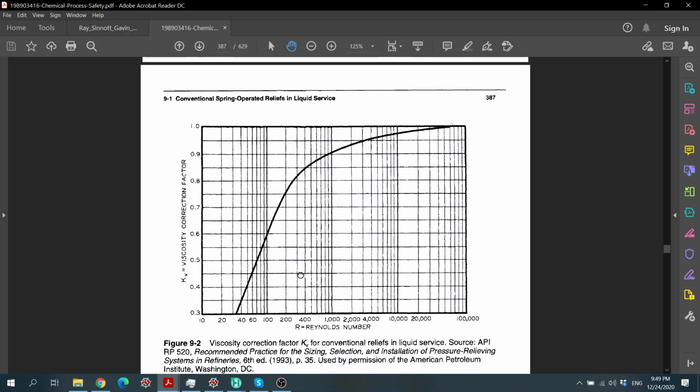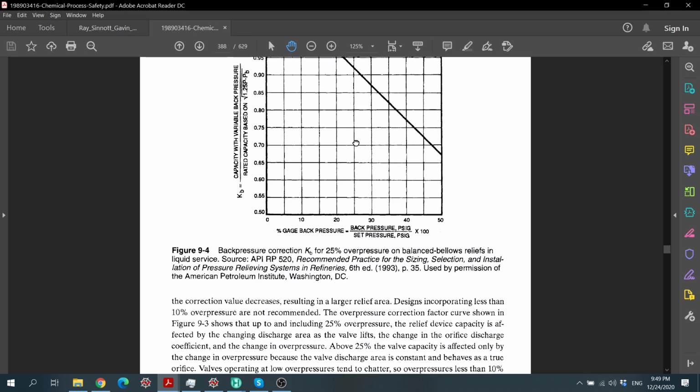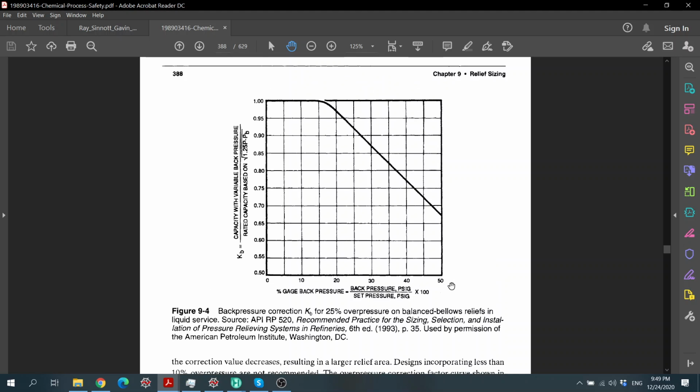If we don't know, for simplicity we can just put 1. KP is for overpressure, so if it's 10%, it's 0.6, 15% it's higher, and so on. This is the KB corrections, depending on the back pressure and set pressure ratio.